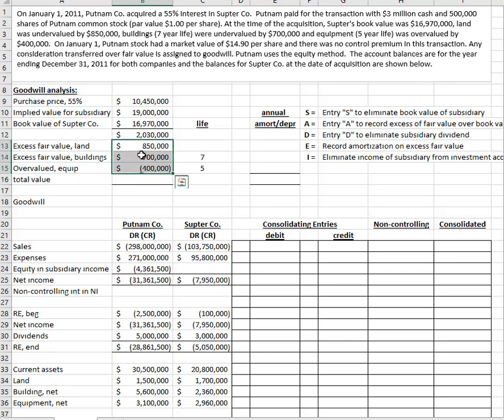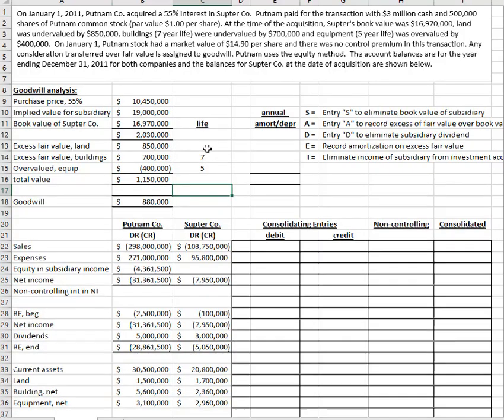And so these added together are $1,150,000. So the difference between the $2,030,000 and the sum of these goes to goodwill. So there's our goodwill. Oops, put that in the wrong space, didn't I? I guess I meant to add these up and show you what the subtotal was there. Okay.